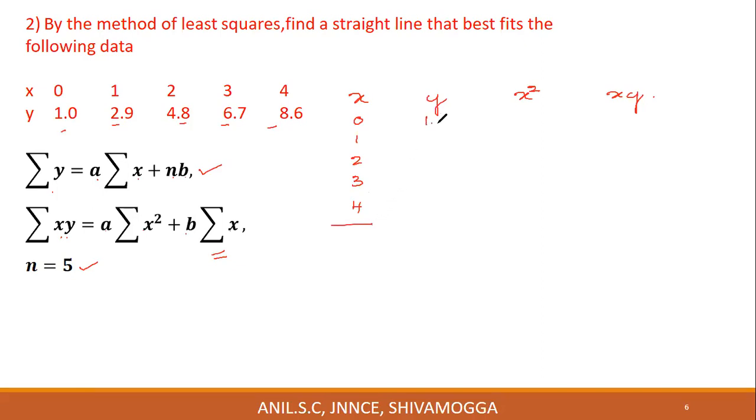And y takes values 1, 2.9, 4.8, 6.7, and 8.6. And x square. This is x. 0 square is 0, 1 square is 1, 2 square is 4, 3 square is 9, and 4 square is 16. Next, x into y.